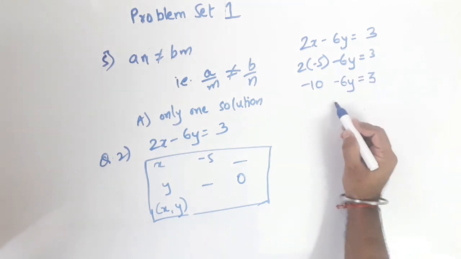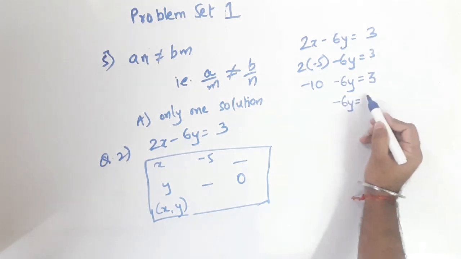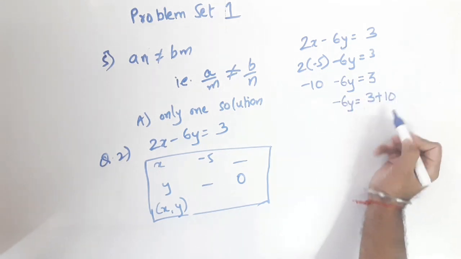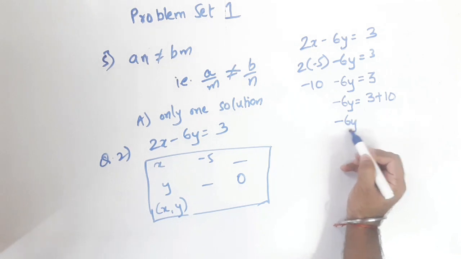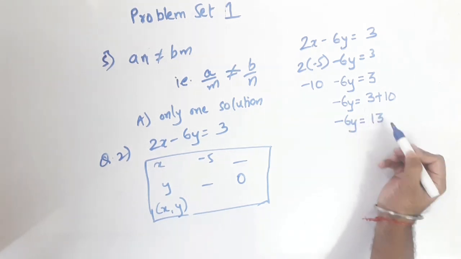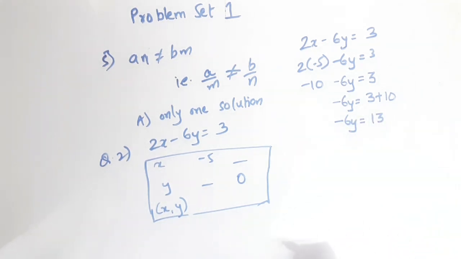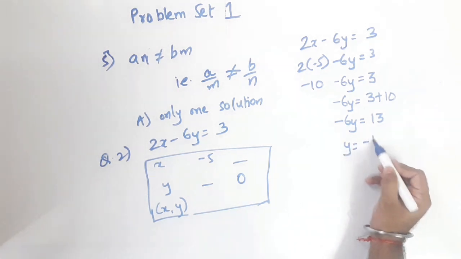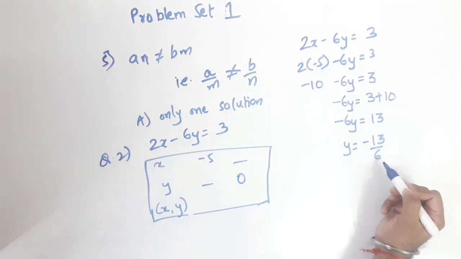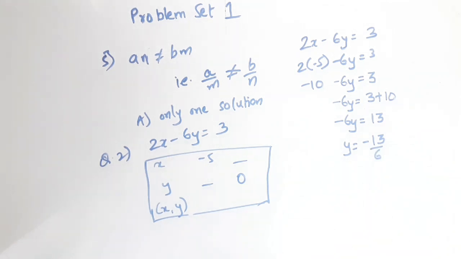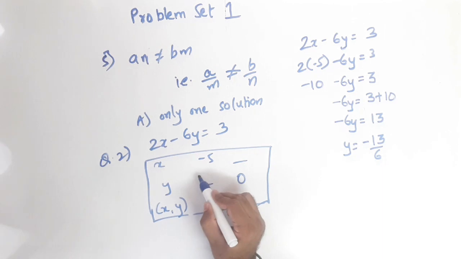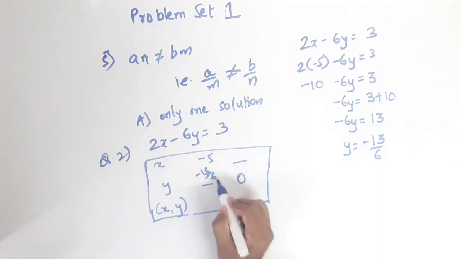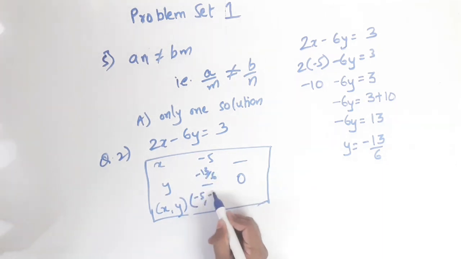Now minus 10 will go there, it will become plus 10. 10 plus 3 is 13. Now y equals minus 13 by 6. So we got the first one as minus 5 comma minus 13 by 6.